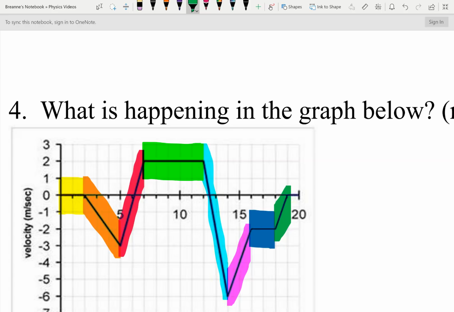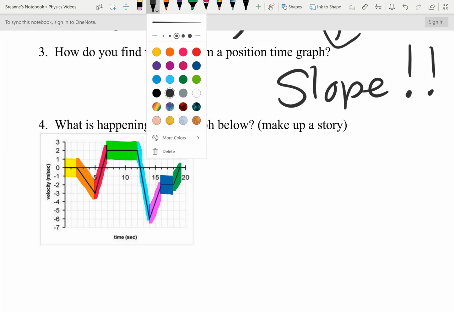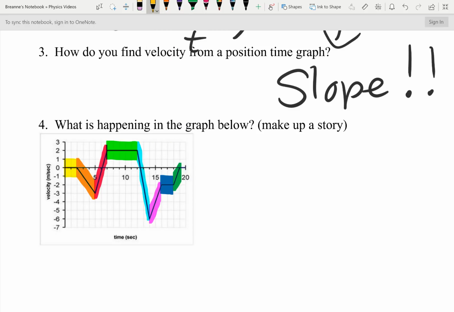Makes it a little bit easier to break it down. So for your first part, your velocity is 0. Think about if your velocity is 0, what you're doing. You're not moving. So for the first few seconds, you're not moving. For the next little part, you're going below the 0 line. You can see your numbers are negative.